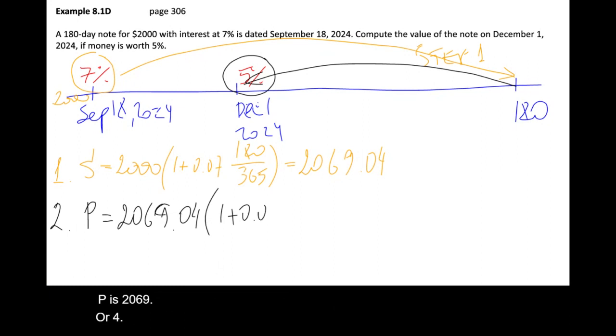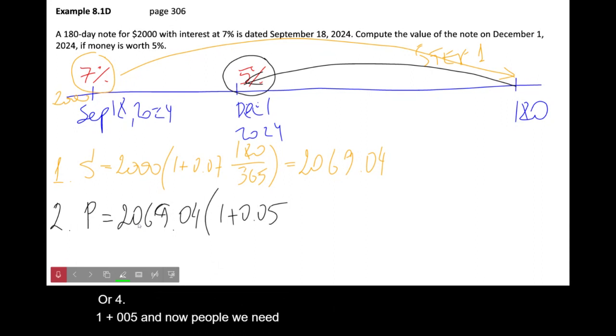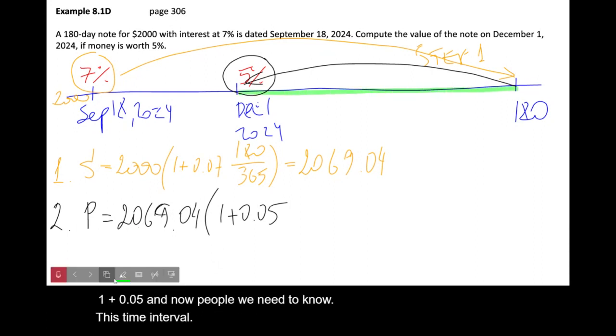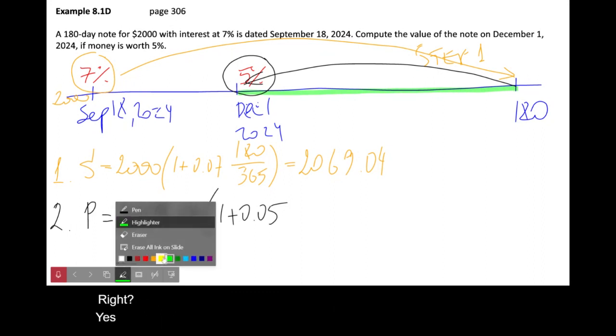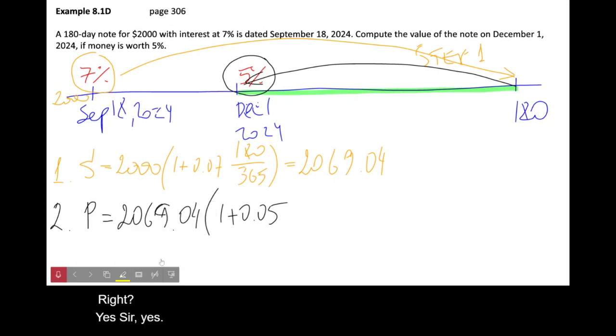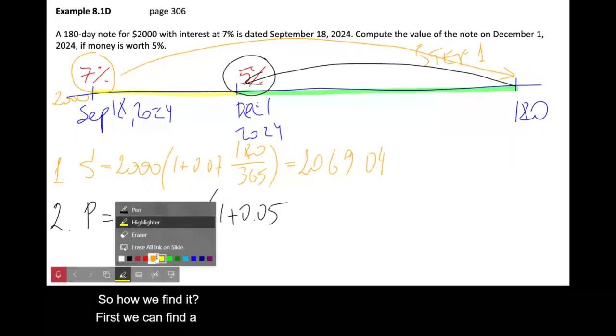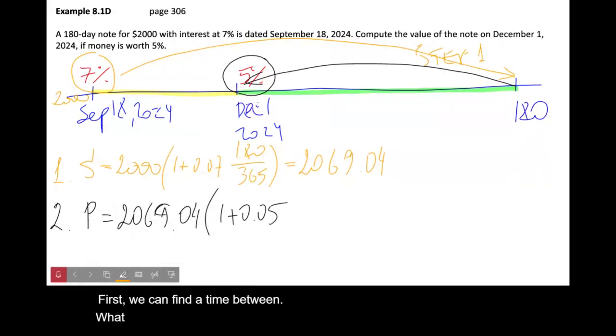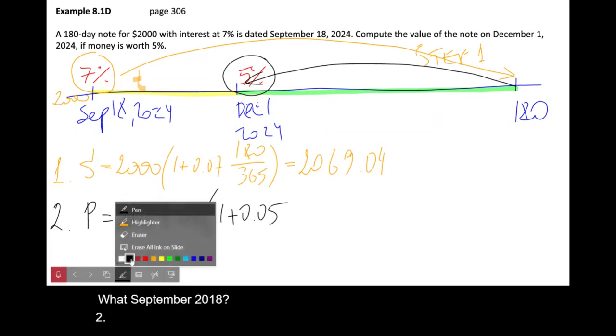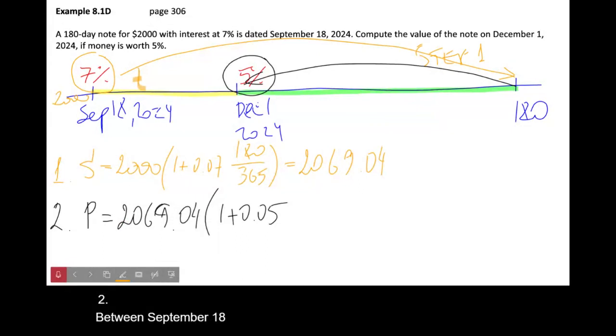1 plus 0.05, and now, people, we need to know this time interval, right? Yes or yes? So how do we find it? First, we can find the time between September 18 and December 1st.